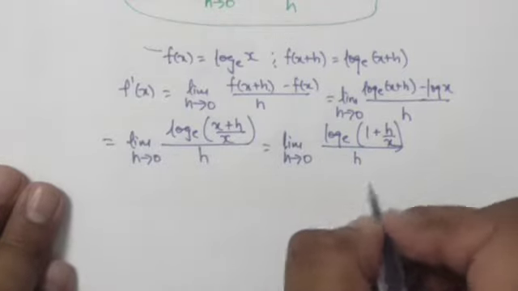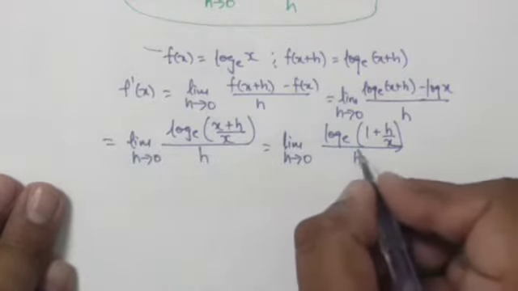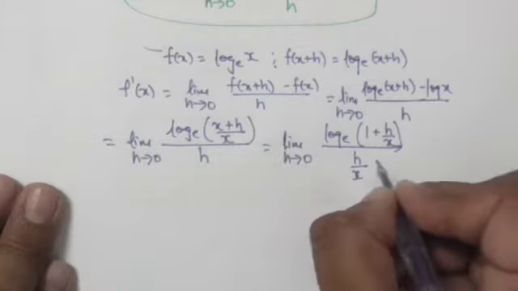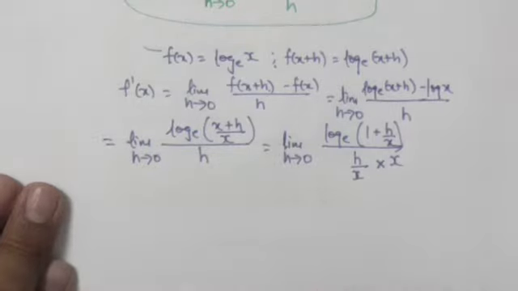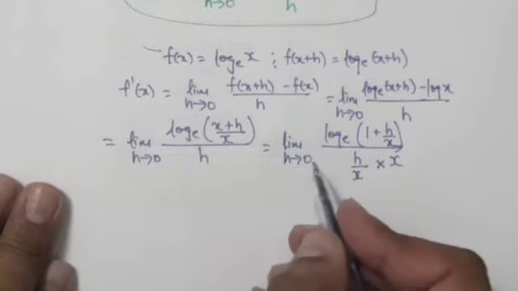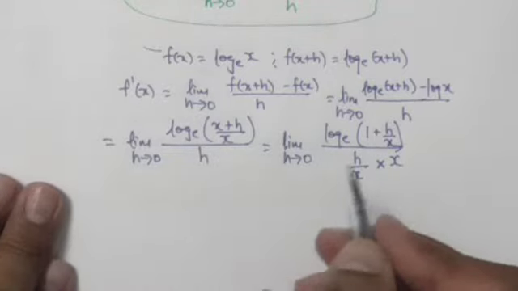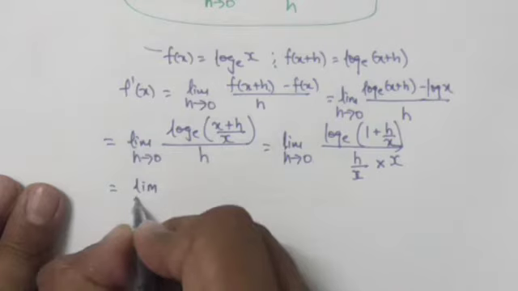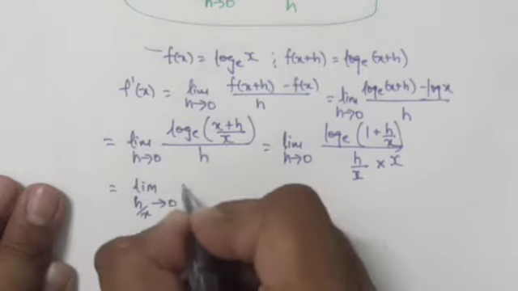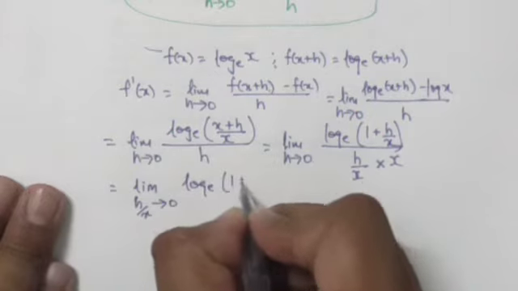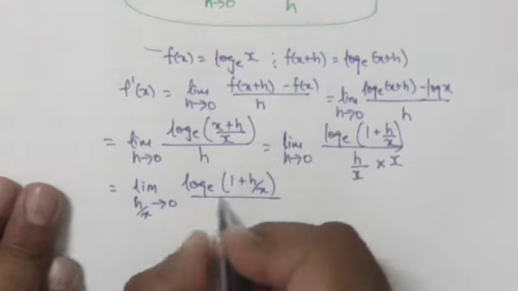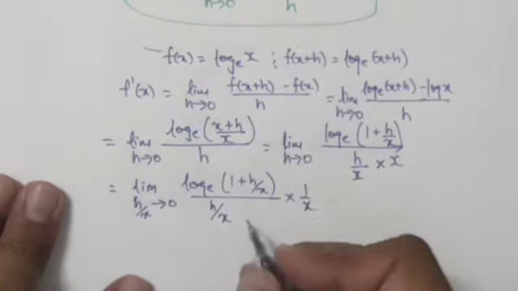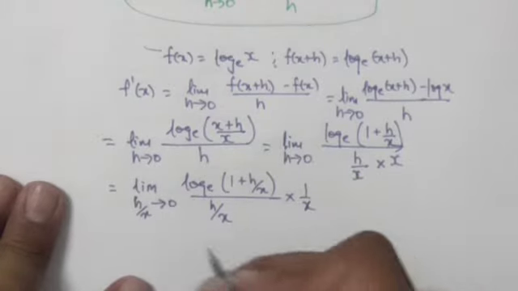Now, what I need to do here, I will divide the denominator by x, and also I will multiply it by x, right? Now here h tends to 0, therefore h upon x will also tend to 0, right? So it will be limit h upon x tends to 0 log e (1 + h upon x) upon (h upon x) into 1 upon x. Now what is this value equal to?